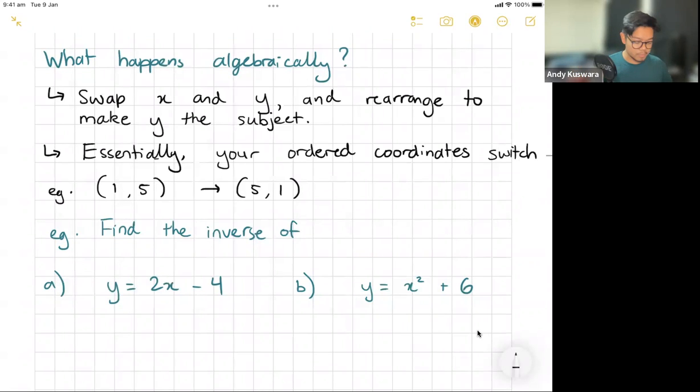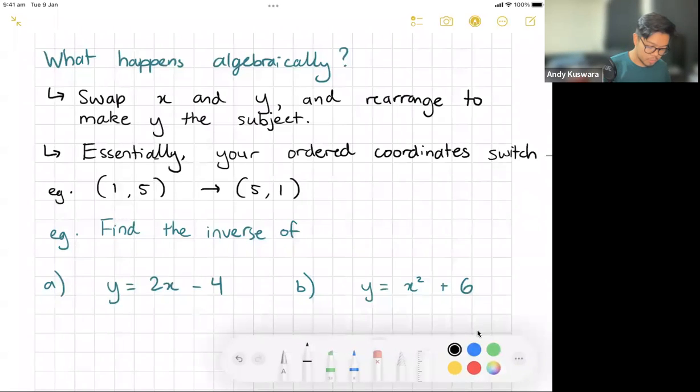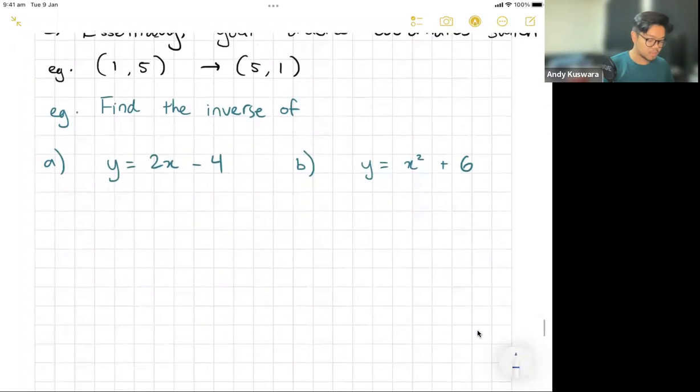Okay. Now let me show you really quick with a couple examples here. What happens algebraically? Well, let's look at this one. It's nice and easy. Every time I see a y, I'm going to replace it with x. Every time I see an x, I'm going to replace it with y. Okay. Now, again, I don't want to leave it like that. What I want to do is keep rearranging, moving the +4 to the other side here.